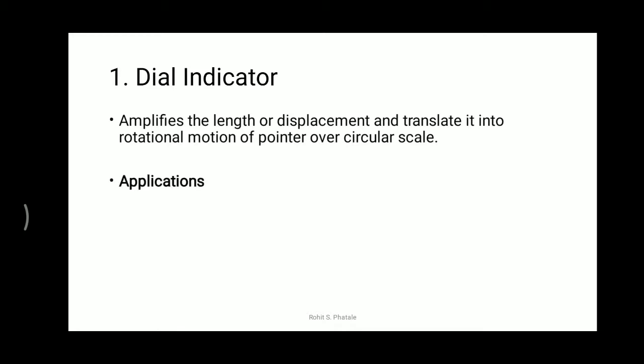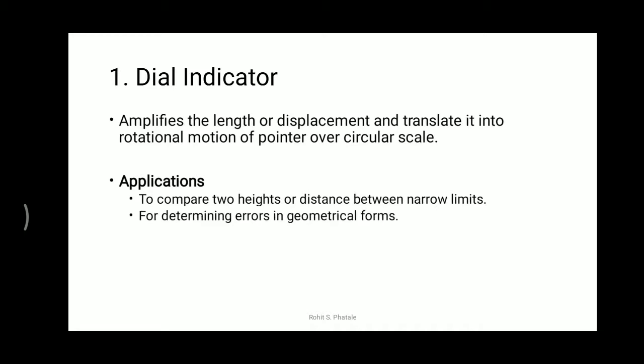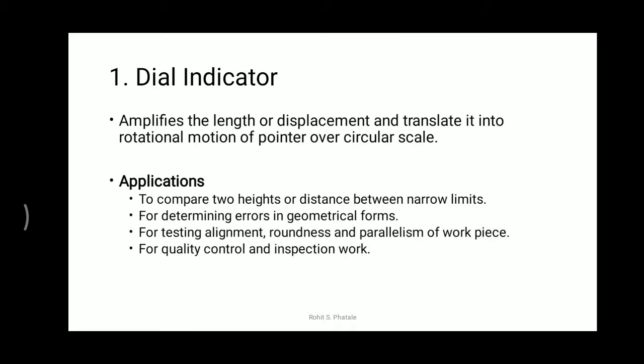What are the applications of this dial indicator that we will study? The dial indicator is used to compare two heights or distances between narrow limits, for determining errors in geometrical forms, for testing alignment, roundness and parallelism of workpieces, and again for quality control and inspection work.